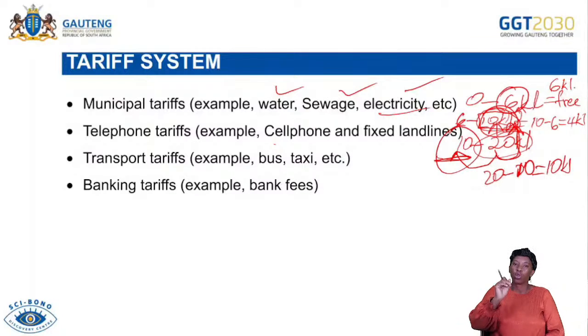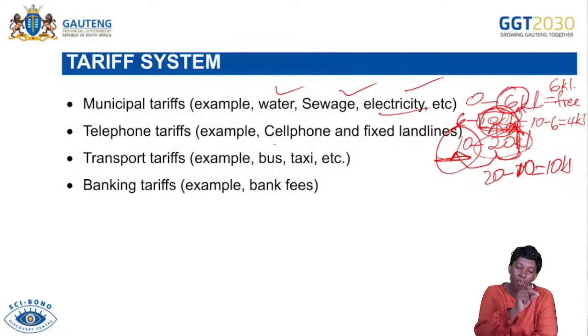Similarly to when we go to McDonald's. When I go to McDonald's, if I want to buy a Big Mac meal, it is a regular meal, and the regular meal is around about 62 rand. If I say to them I want Coke, regular Coke, not Coke Zero, they will add another 2 rand.